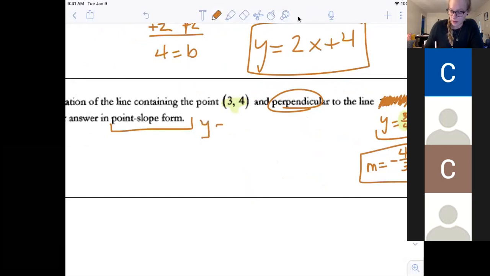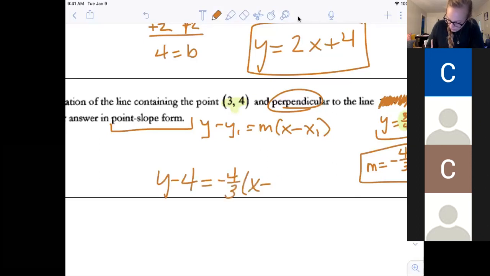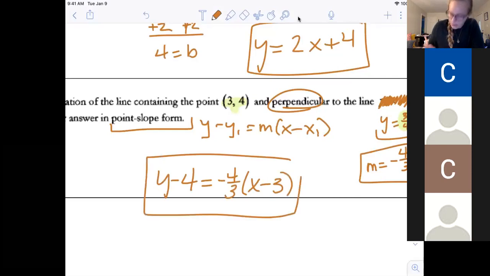Oh, and it's like a equals something plus c. No, you're thinking standard form. I want y minus y1 equals m times x minus x1. Would it be y take away 4 equals -4/3, and then in parentheses, x take away 3? Yep, very good. Thank you, Ella. y minus 4 equals -4/3 times (x minus 3).